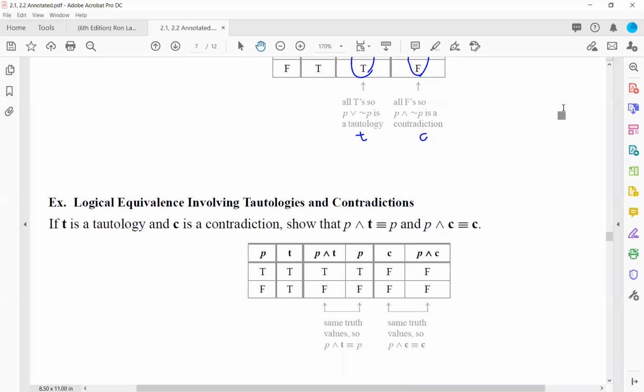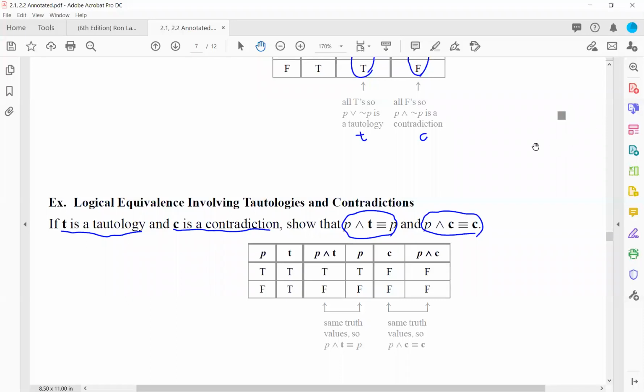Another example: suppose you have a tautology T, which is a statement, and you have a contradiction C. Show that if you form the compound statement P and tautology, it's always equivalent to P itself. But if you form the compound statement P and a contradiction, the outcome is a contradiction.